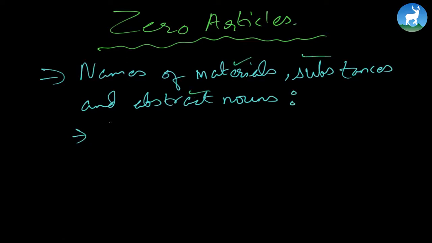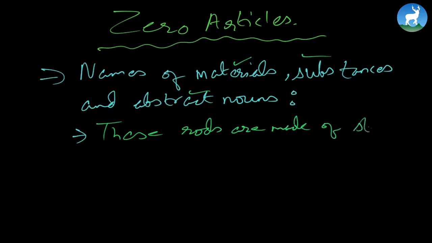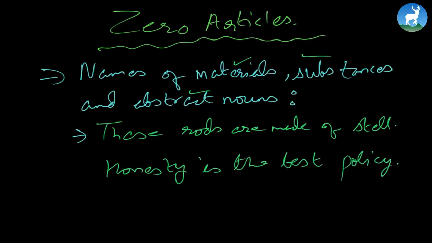For example, these rods are made of steel. Abstract, honesty is the best policy. We don't write the honesty is the best policy. Don't get mistaken here. This follows the rule of articles used before superlative, but we don't write here the honesty, just honesty, no articles.